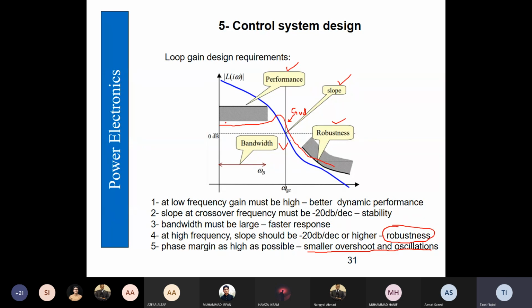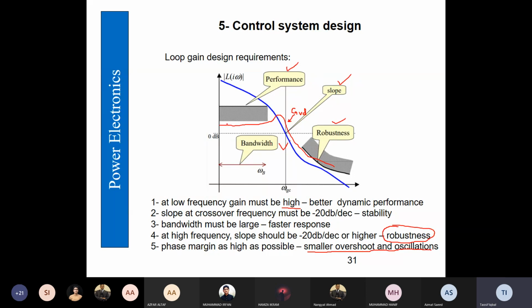You know that in the power stage Bode plot we had a constant line, and this constant line is not good for us, because at low frequency the gain must be high for better dynamic performance.